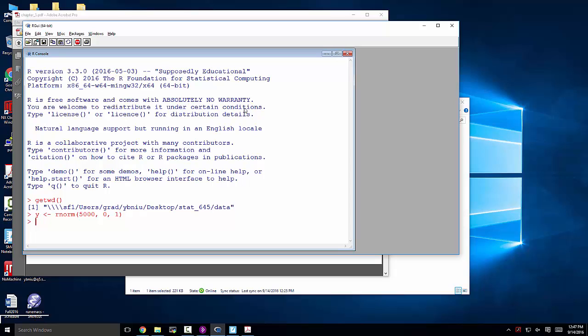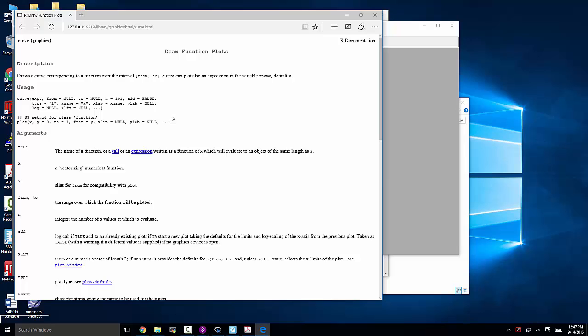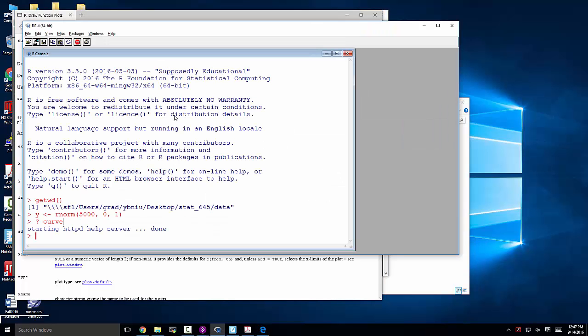So the distribution for this population is normal 0, 1. And you can draw that, I think, with a function called curve. Let me use this real quick. Curve that from that to that. Okay, I could draw the actual bell-shaped curve using the curve function.